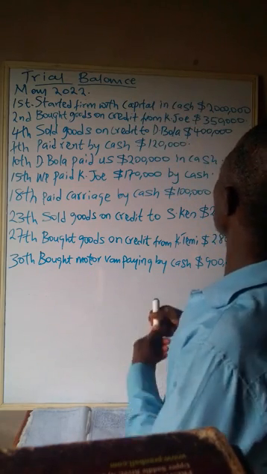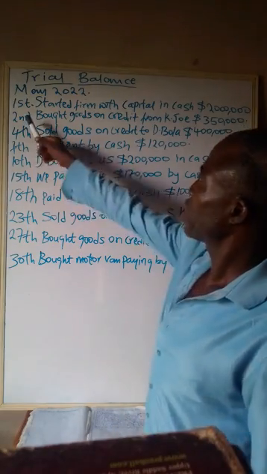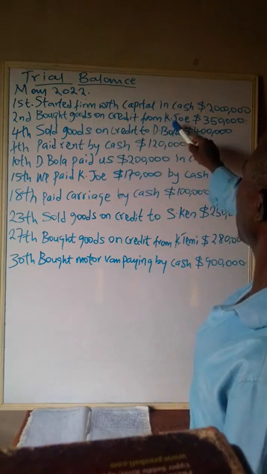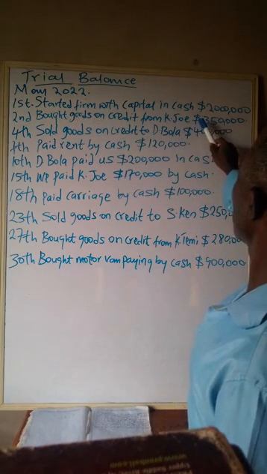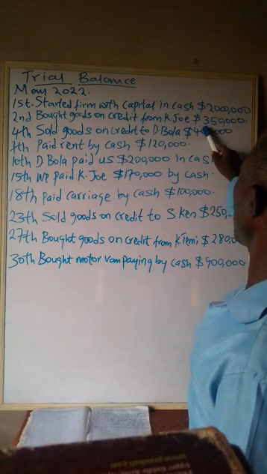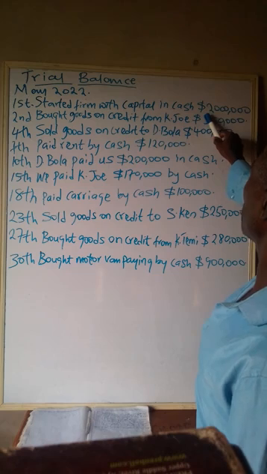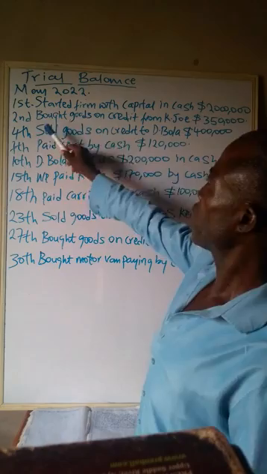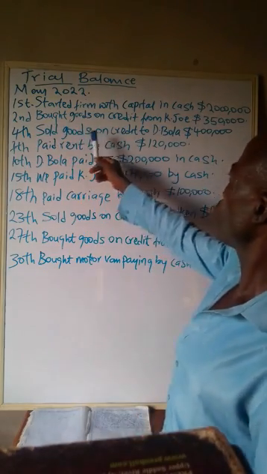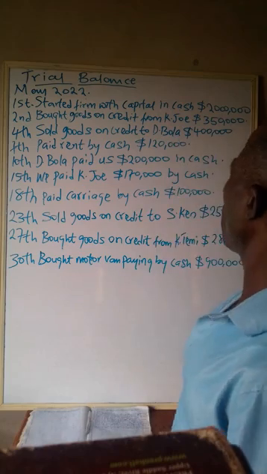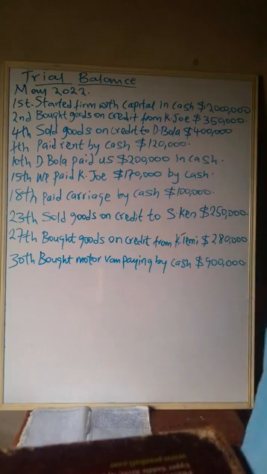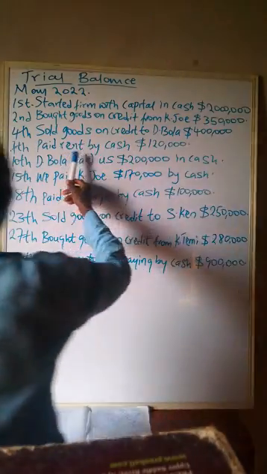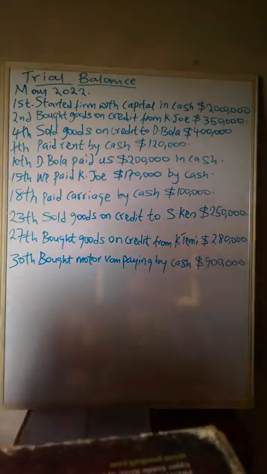The first one is $2 million, not naira. 2nd of May 2022, bought goods on credit from K. Joe, $350. 4th of May 2022, sold goods on credit to Debola, $400. 7th of May 2022, paid rent by cash, $120.